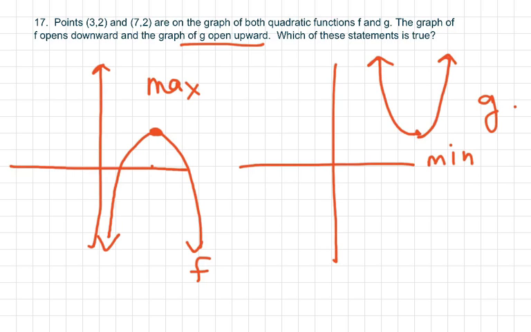And it says they have the same axis of symmetry. And the answer would be D. There's only one answer with 3 in it, so 3 definitely works. So we pick D.